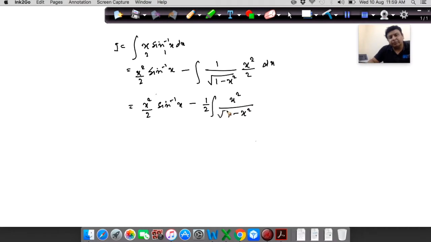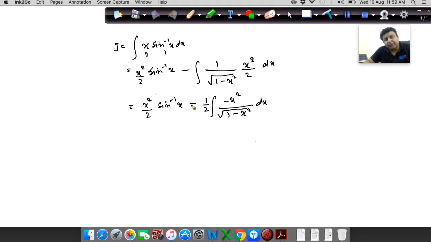So x square by 2 sin inverse x minus half integral of x square upon root 1 minus x square. So the question arises, how do we solve quadratic upon quadratic? I taught you earlier in the special integrals part maybe, that for quadratic upon quadratic we create the denominator in the numerator. Okay. So I need a minus. Now see this meticulously. 1 minus x square, I need a minus here to create this.